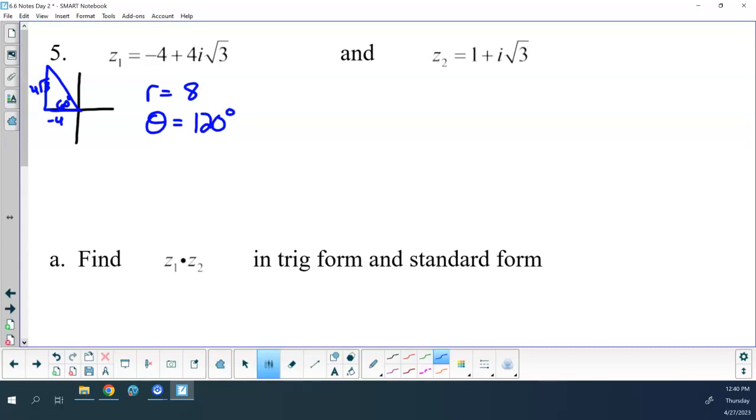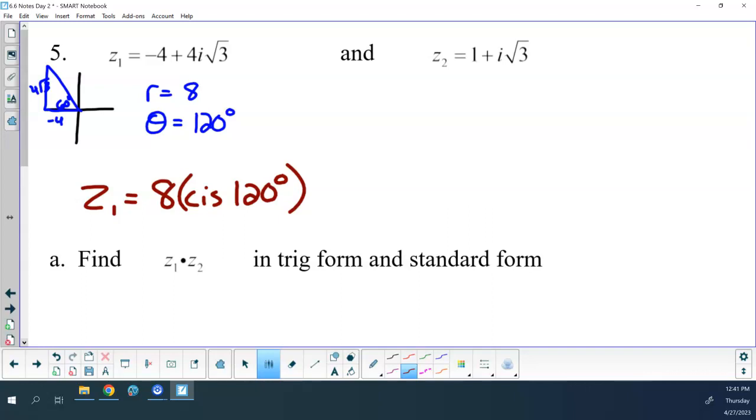So the trig form of z sub 1 is going to be 8 CIS of 120. Agree? Now, if you did all of your calculations and you did your inverse tangents and all that fun stuff, you'd get the same answer. Okay? It's fine. I just recognized that it was a 30, 60, 90 triangle.